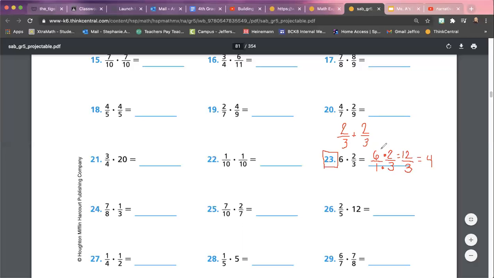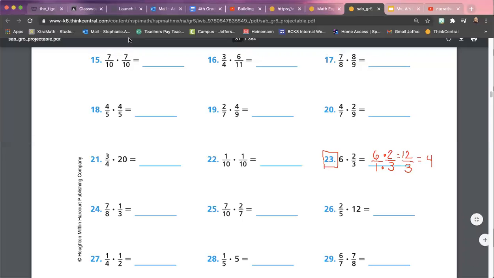That's the same as what Justin just did with multiplication. And you'd end up with 12/3. So you could leave it as 12/3. It's not incorrect, but 4 wholes is just a much better way to do it.